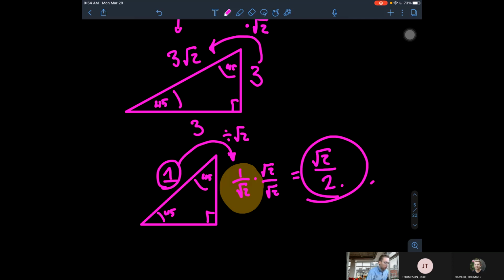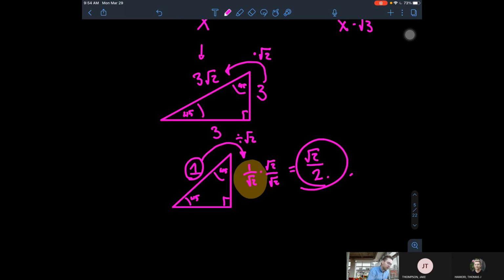Okay, so this is really what we need to remember about these special right triangles: if we want to go from one side to one of the other sides, we need to remember what we should do in order to move from one side to another. So for a 45, 45, 90 triangle, if we want to move from one of the sides to the hypotenuse, we multiply by the square root of 2.